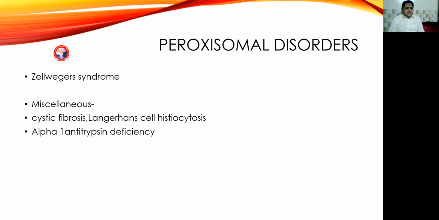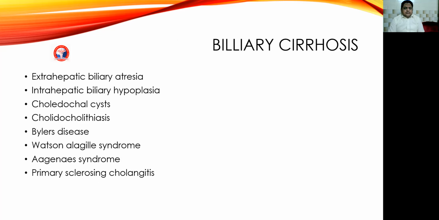Next one is miscellaneous causes. In miscellaneous causes, we have cystic fibrosis, Langerhans cell histiocytosis, and last one is alpha-1 antitrypsin deficiency. This comes in the miscellaneous types. Now next we go to biliary cirrhosis.